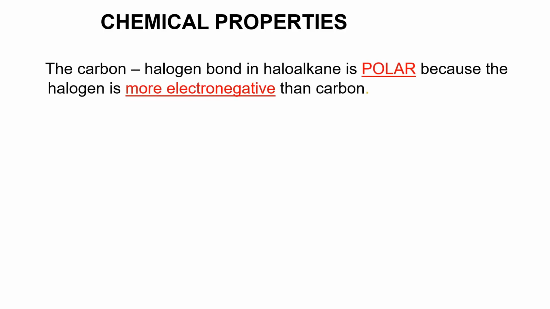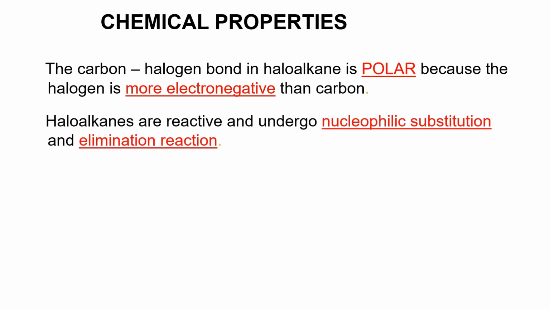Chemical properties of haloalkane. The carbon-halogen bond in haloalkane is a polar bond. It means it has a difference in electronegativity. Halogen is more electronegative compared to carbon. Haloalkanes are reactive and undergo nucleophilic substitution and also elimination reaction.